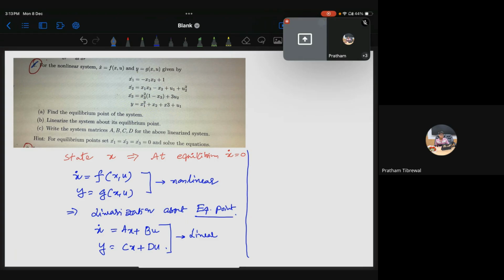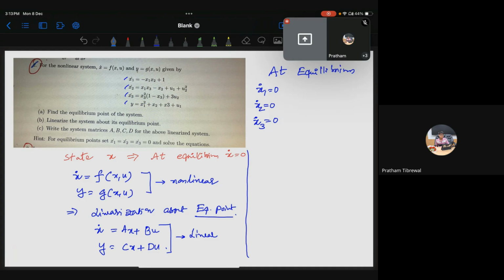So for the equilibrium points, usually here we have four equations: x1 dot, x2 dot, x3 dot, and y. At equilibrium, you will have x1 dot equal to 0, x2 dot equal to 0, x3 dot equal to 0.